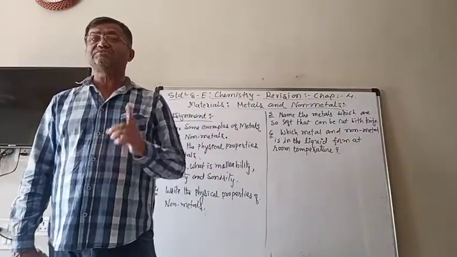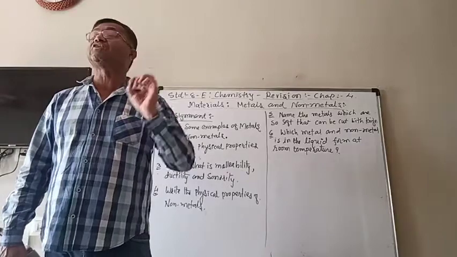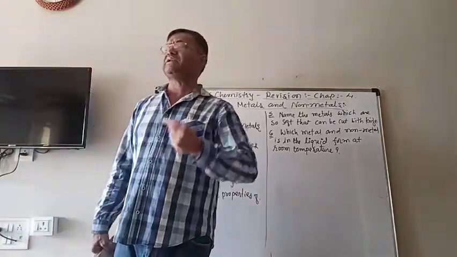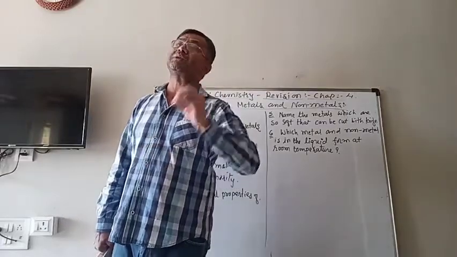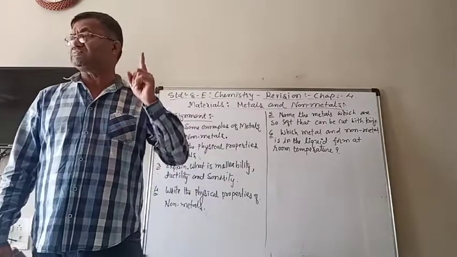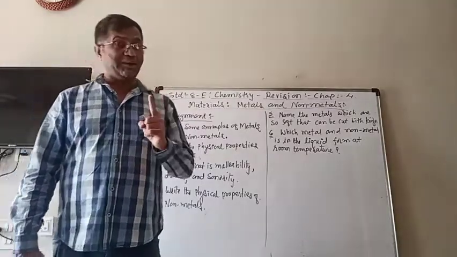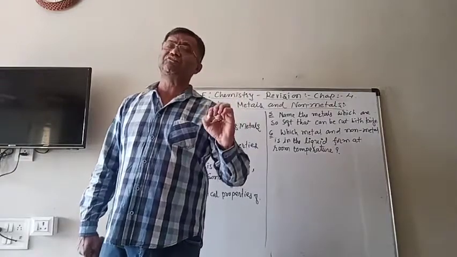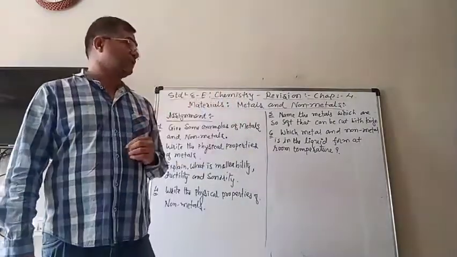non-metal that is in the liquid form at room temperature. Only one non-metal is there, and that is bromine. So among metals also there is only one liquid, that is mercury. And among non-metals also only one is in the liquid form, that is bromine.